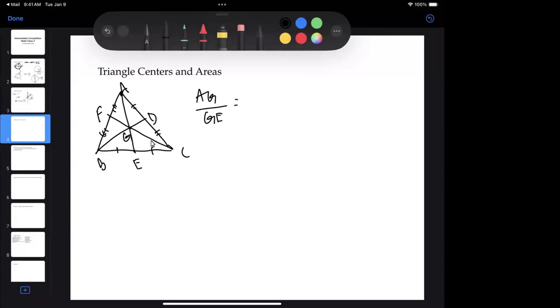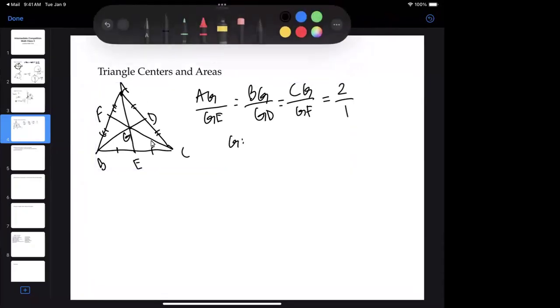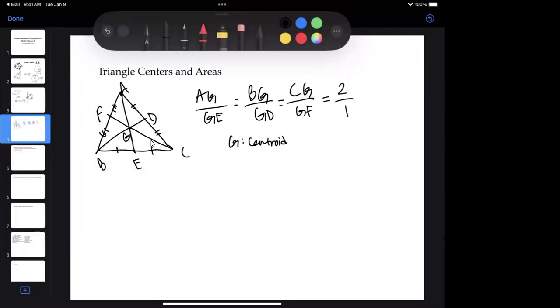So AG to GD is equal to BG over GE, which is equal to CG over GF. And this is 2 to 1.